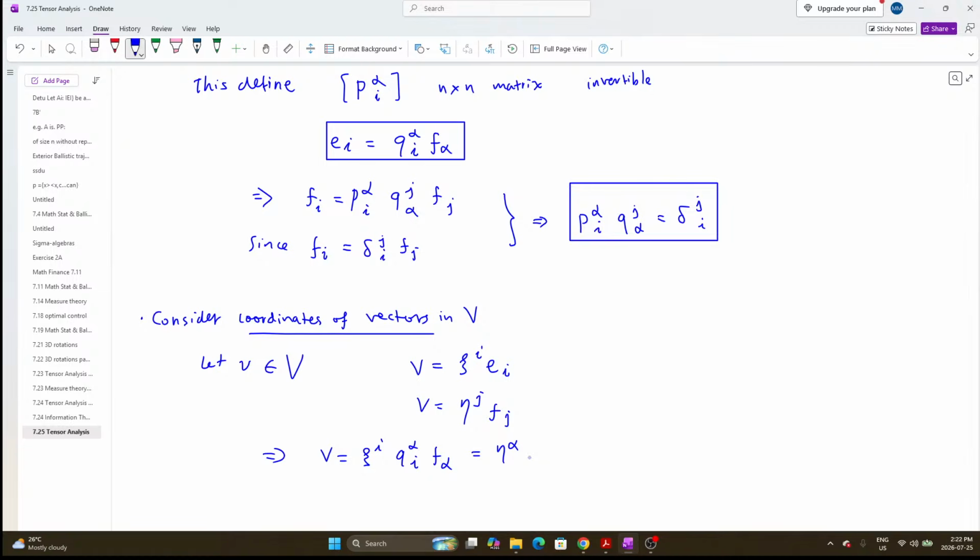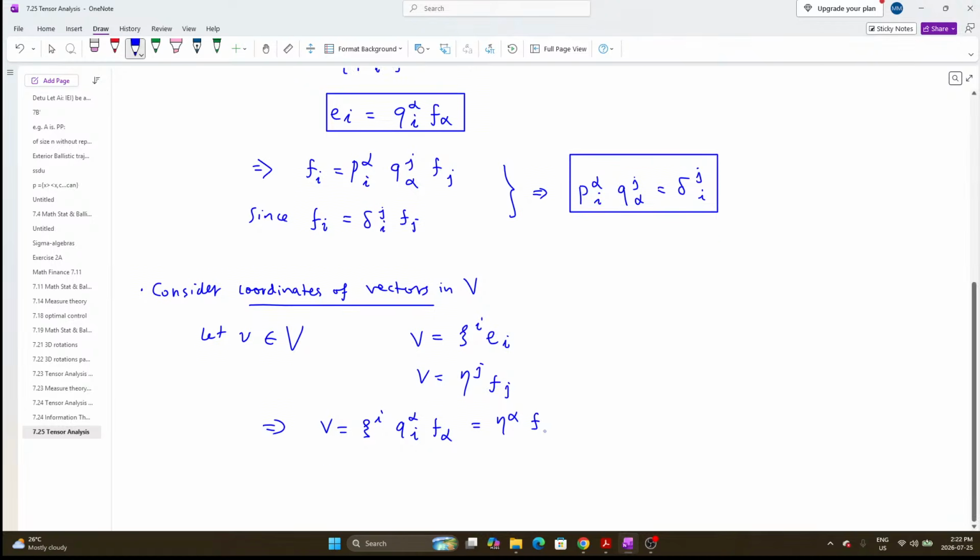So eta alpha F alpha. Because the expansion relative to the basis F is unique, comparing the coefficients, we see that xi I Q alpha I is eta alpha.